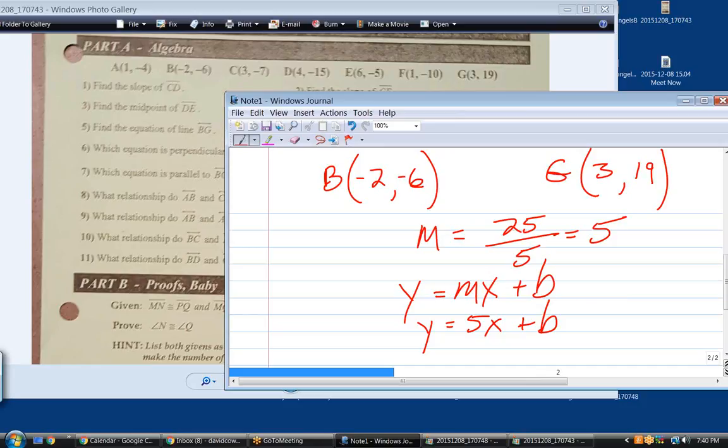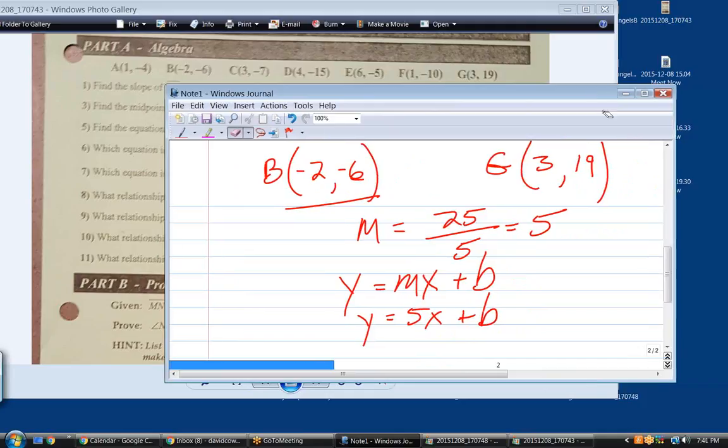But I can solve that equation as long as I have a point that's on the line. Well, I happen to have 2 points. So I can put in the x and the y value for x and y, and then I will have an equation that I can solve for b. Okay? Gotcha. So let's use this point over here. Normally I like smaller points, but I'm going to use this point because they're both positive numbers.